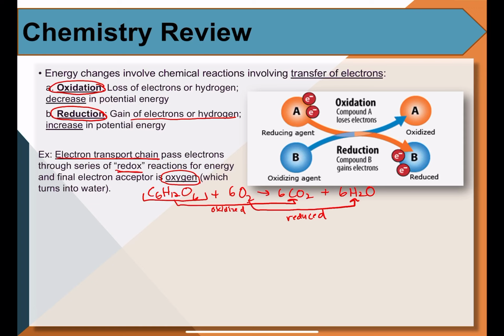Remember, it's easier to think about this process as gain of hydrogen or loss of hydrogen. Glucose has lost its hydrogen, so that's why it is oxidized into carbon dioxide. Oxygen, on the other hand, has gained hydrogen, so that is why oxygen is reduced to water.